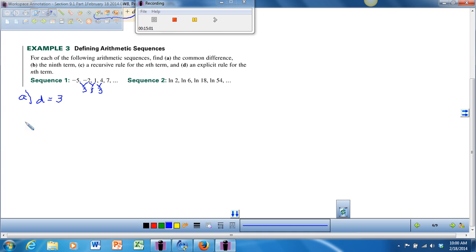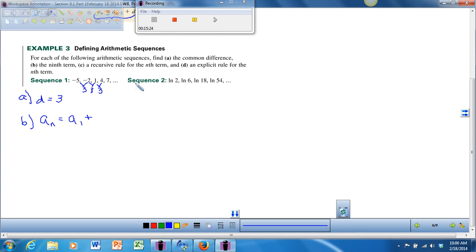All right, now for the 9th term. I don't want to have to keep adding 3 each time, so I'm going to think in terms of finding a rule or an equation of a line, right? So if I want to find a sub n, I can start with my first term, a sub 1, and I can add to it. I'm going to add d a certain number of times.